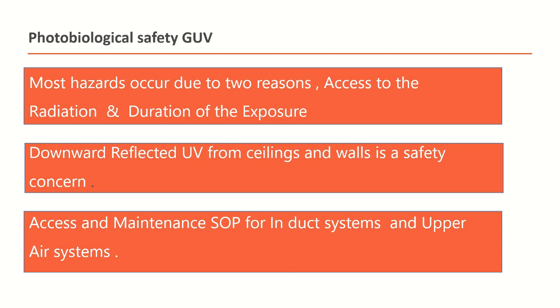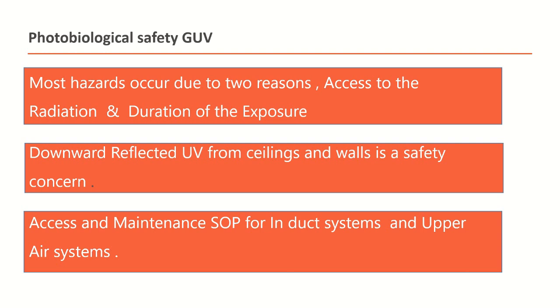Similarly, if you have not installed luminaires properly for GUV applications, they may either give direct output affecting people or reflected UV rays again affecting the people working around in the area. Access and maintenance SOPs for in-duct systems and upper air systems should be put in place when you are installing such systems.